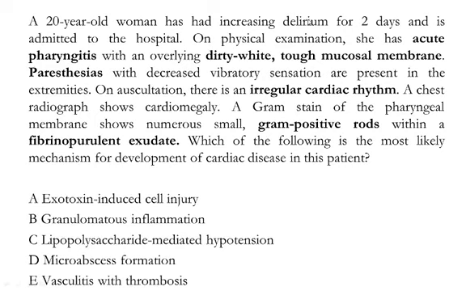This delirium is an indicator and a marker of high fever, of high intoxication. On physical examination, she has acute pharyngitis with an overlying dirty white tough mucosal membrane. So that's her fibrinous inflammation, I think.